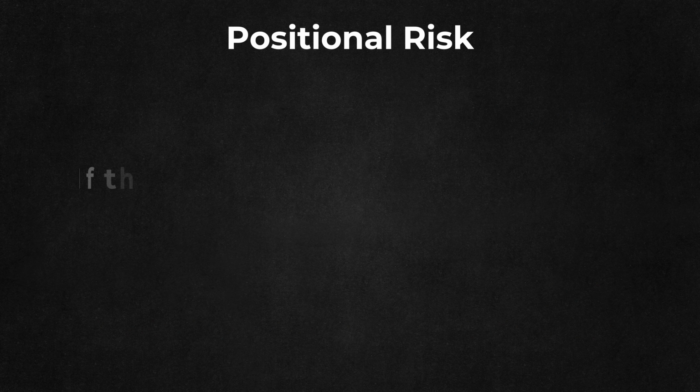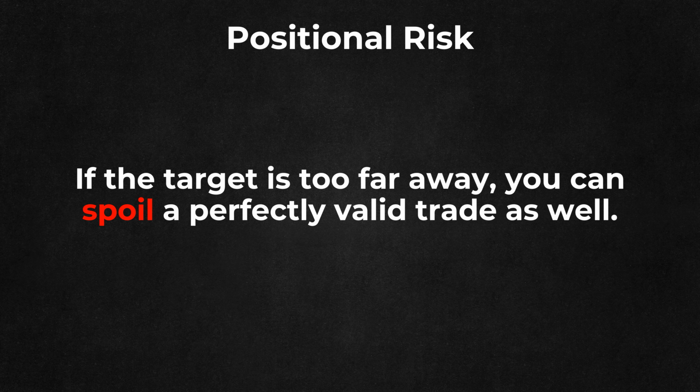The farther away the target is from the entry, the less likely it is to be triggered. This is mainly why strategies that use a higher risk-reward ratio tend to have smaller win rates. If the target is too far away from the entry, for example, you can have periods where the trade has significant profits, but then the market can turn against you and you will miss that profit.